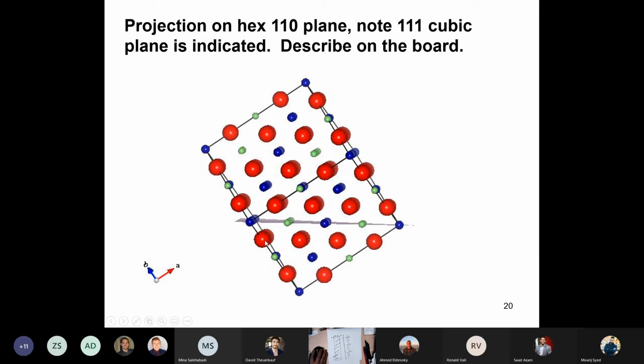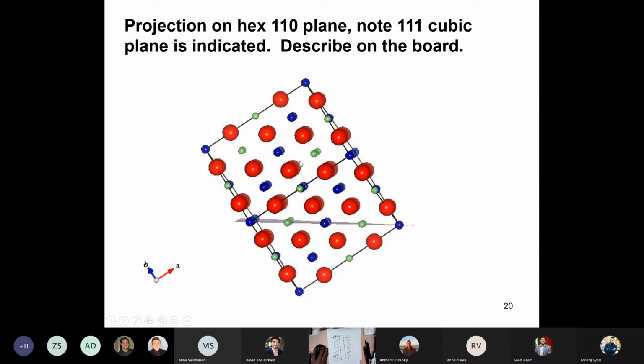And if you look at the way they're stacked, if this is A, then this is B, and this is C, and you go back to A again. So the oxygens are A, B, C stacked. And that is exactly the way the oxygen atoms in lithium cobalt oxide are stacked. They're stacked A, B, C, A, B, C, and so on, okay?